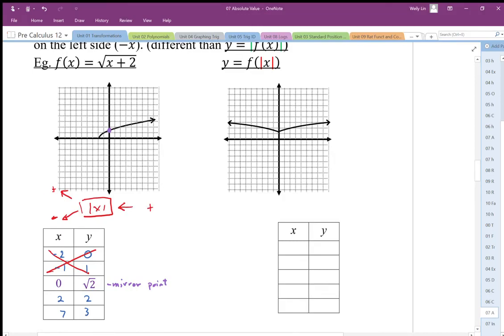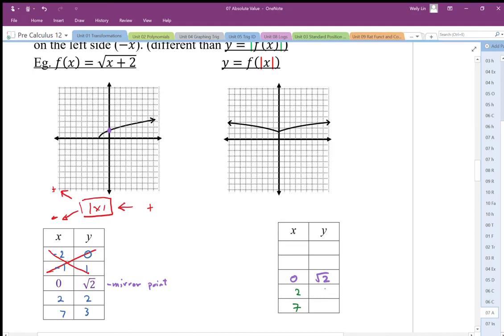The second thing that happens is I'm going to end up mirroring these points. My positives come out this way, but these positive values also come out as negative values. So I'm going to end up mirroring the positives and negatives. Here's my mirror point, which is 0. When I input my positives here, nothing changes.